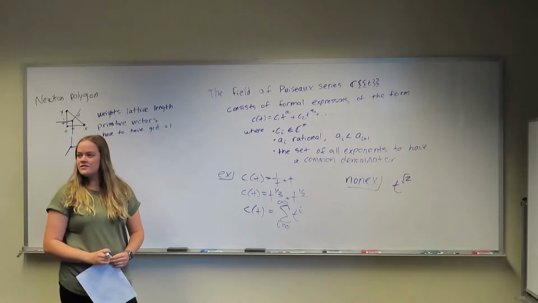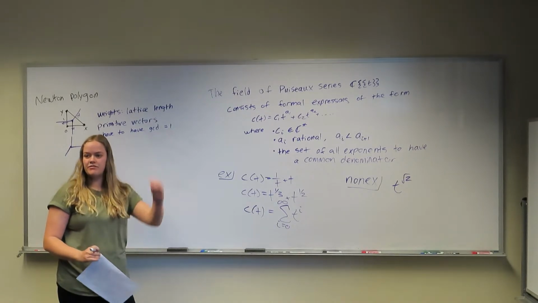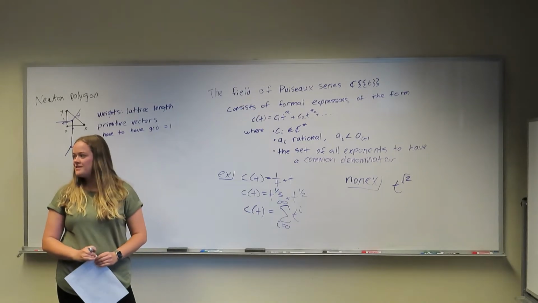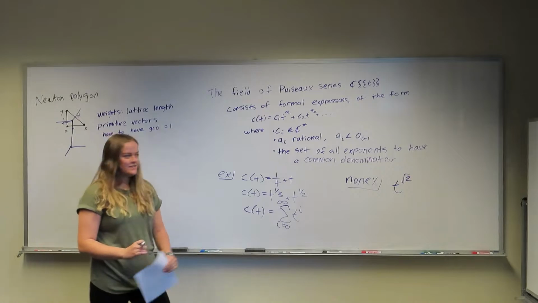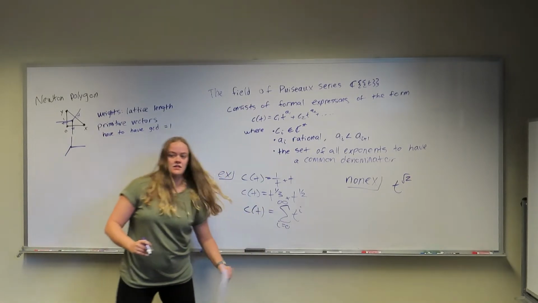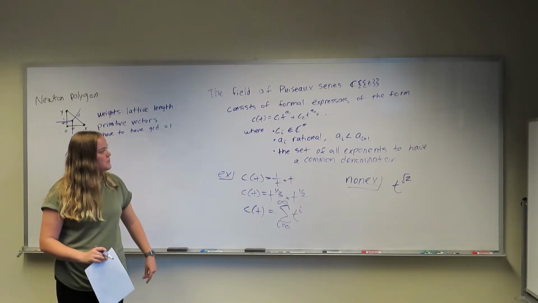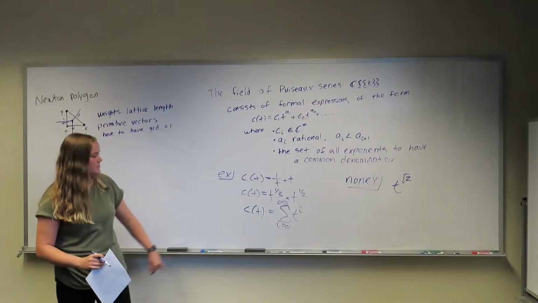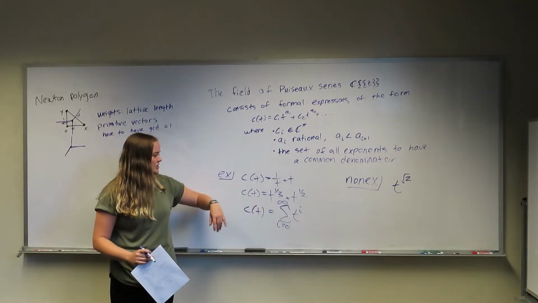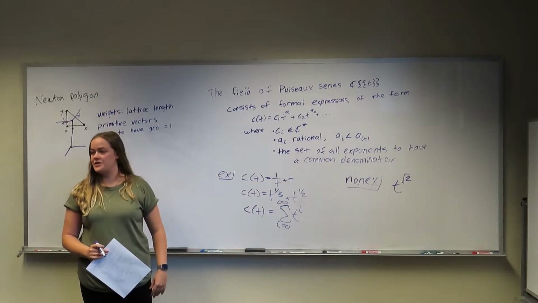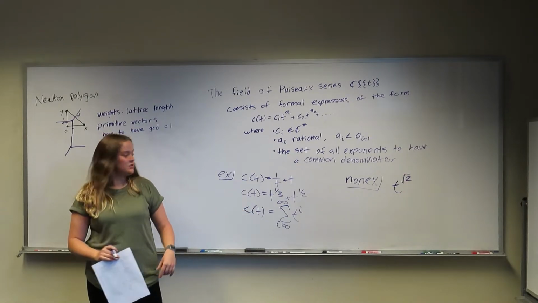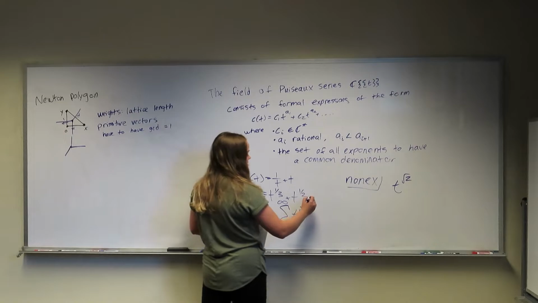Oh, I see, you have a common denominator. Like the Laurent series, you could only have a finite number of negative exponents, but we have rational exponents. What do you mean by having a common denominator for 1/3 and 1/2? You could write these as 3/6 plus 2/6. You could write this with a common denominator.